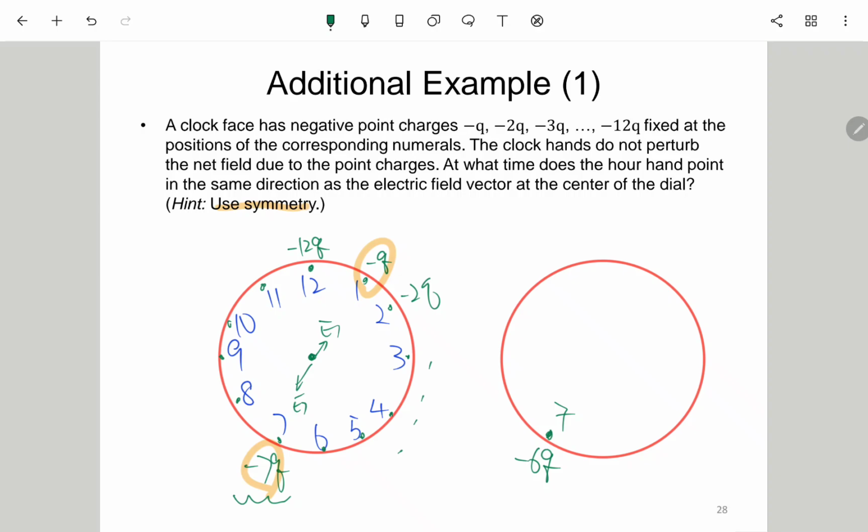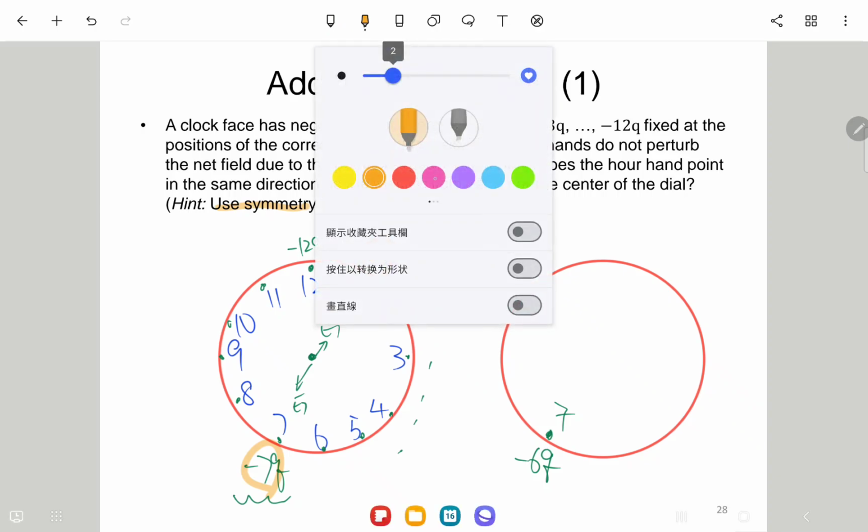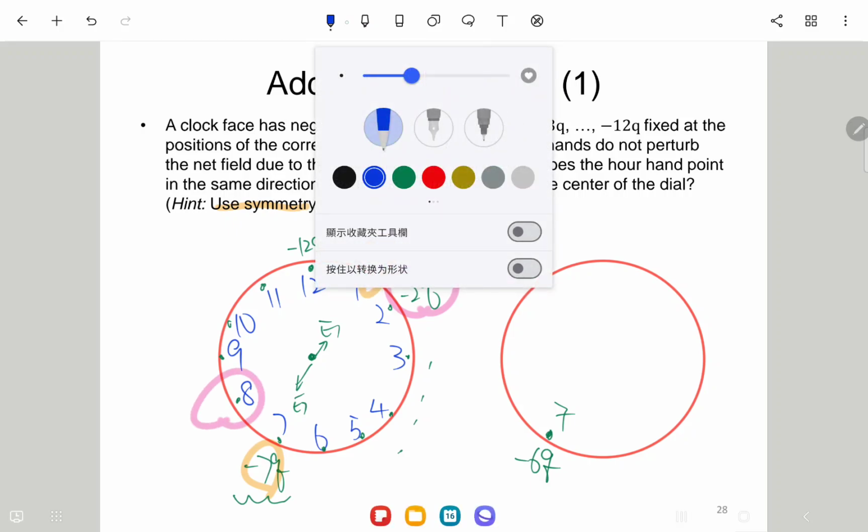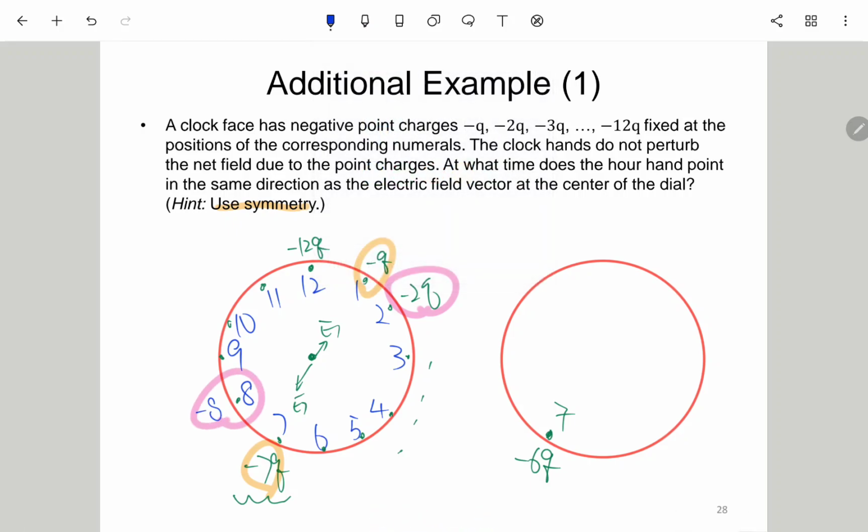And similarly, if you consider negative 2q and negative 8q, they will partly cancel as well. Okay, so it turns out that at 8 we have a negative 6q. This negative 2q can partly cancel with this negative 8q down to a negative 6q. So on and so forth.